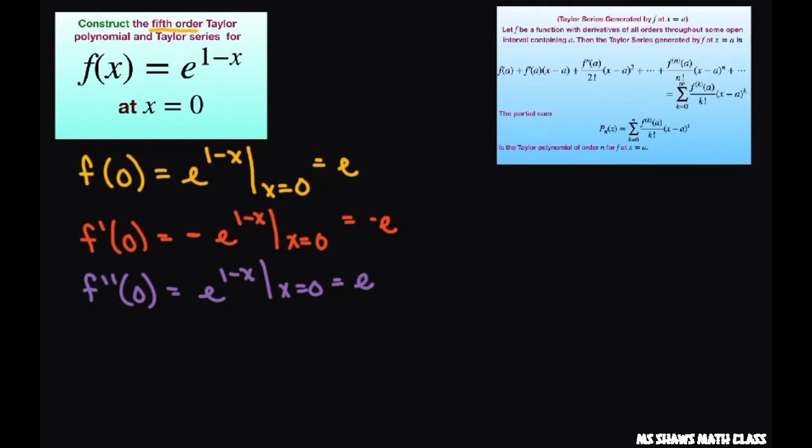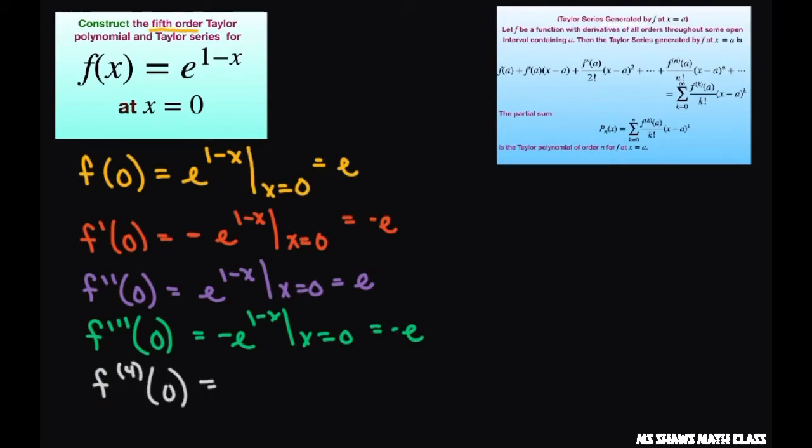So let me go a little faster because it's just going to be e, negative e, e. So I'm just going to write these really quickly. So this is going to be negative e to the power of 1 minus x. X equals 0, so that equals negative e. And then we're going to do the fourth derivative.